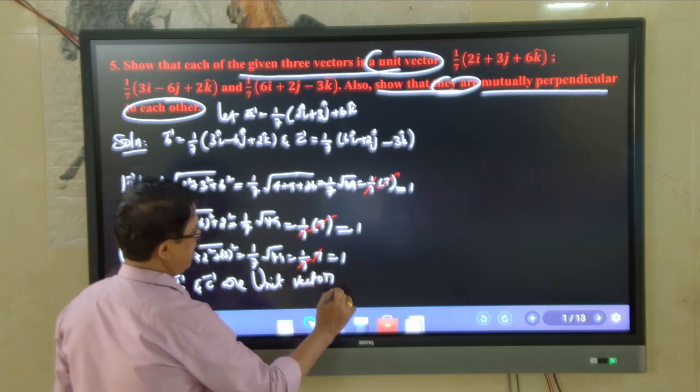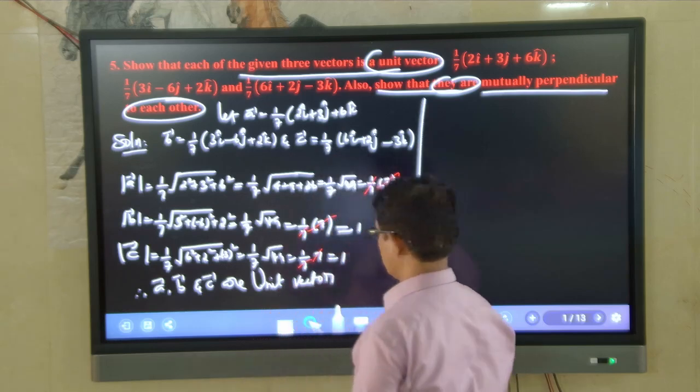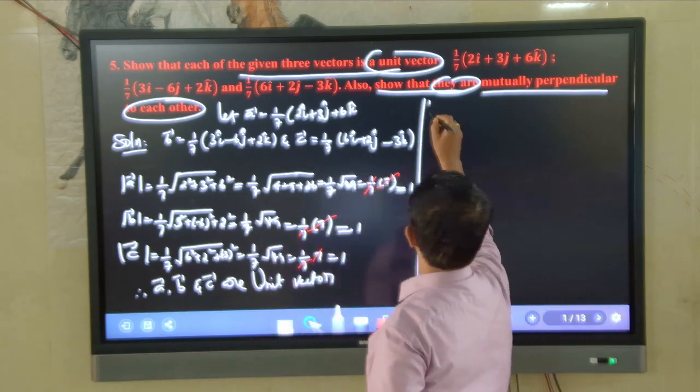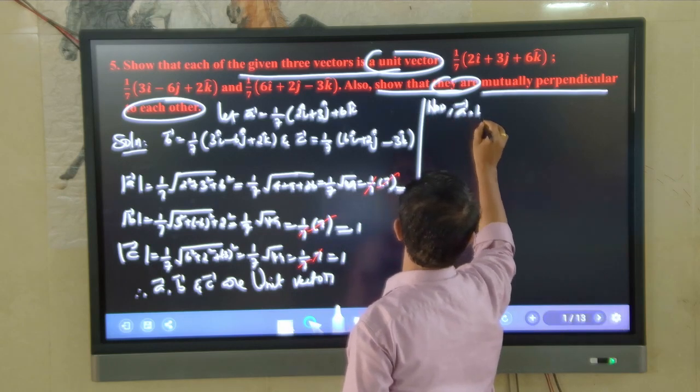Is it okay? Now what is next? A dot B, to prove they are perpendicular to each other. Now, A vector dot B vector.